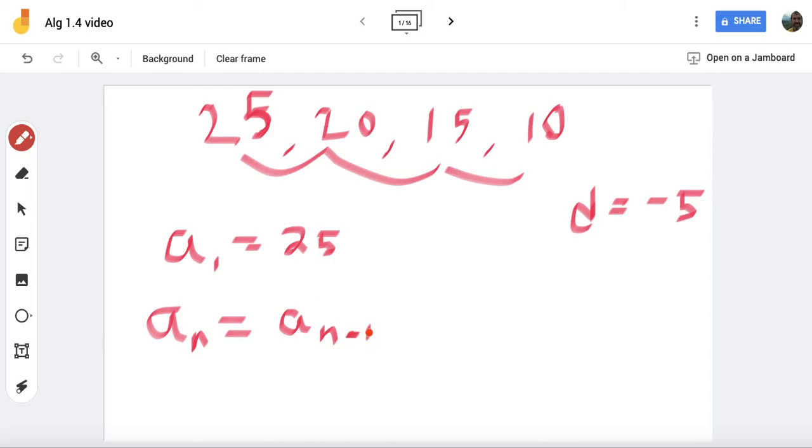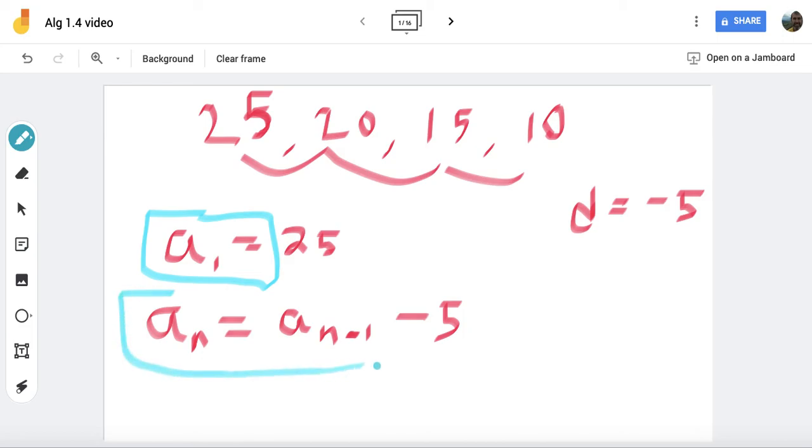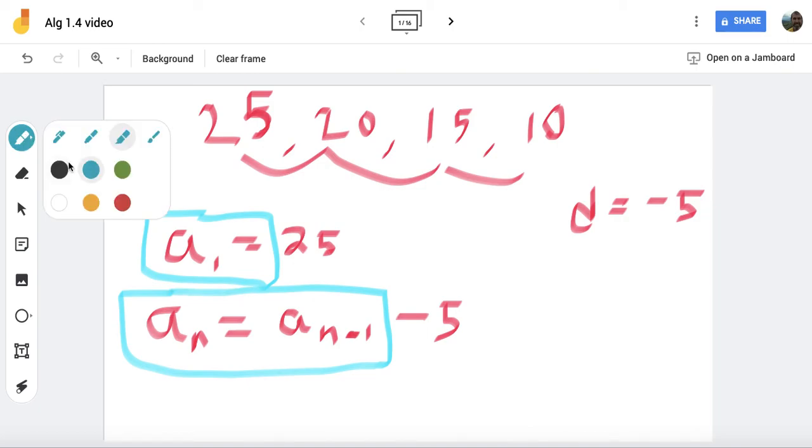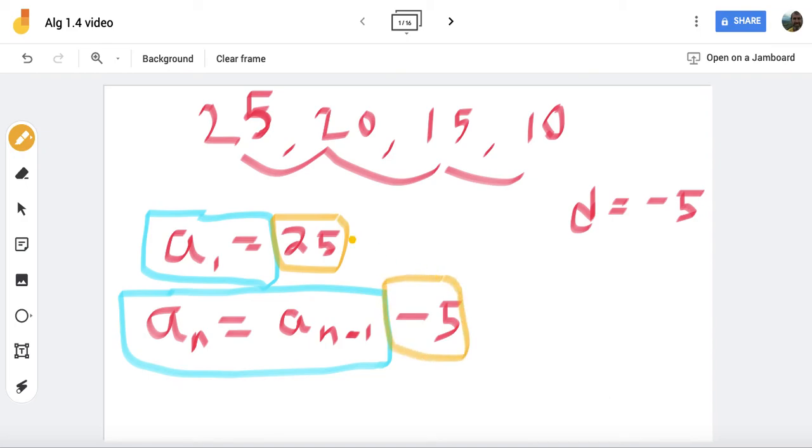This time we're going to subtract 5 from it. A recursive definition will always have these parts. It'll always have a1 equals something, and a subscript n equals a subscript n minus 1 plus something. So all you have to do is figure out what to put in here and what to put in here. And notice it's pretty straightforward. This is the first term, and this is the common difference.